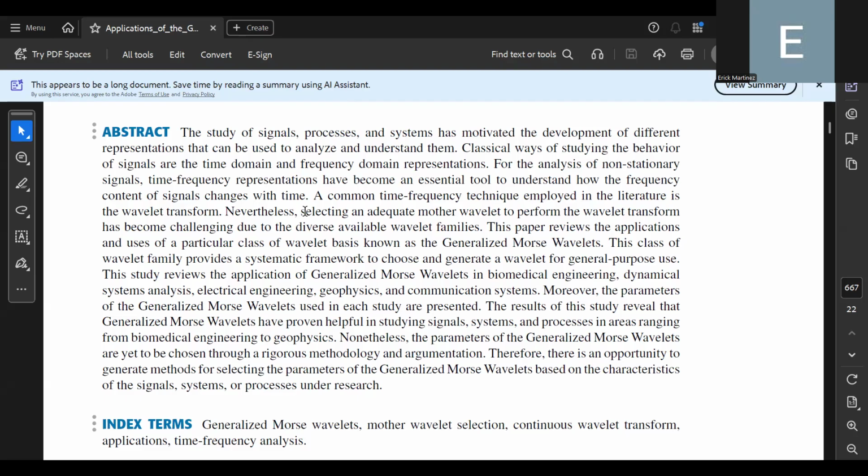So the whole idea of performing this work was to say to people, okay, the parameterization of the wavelet transform is typically unaddressed. People turned a blind eye to this. One of the interesting parts is that at the time that I was developing this work, I found a pretty old paper that introduced the generalized Morse wavelets.